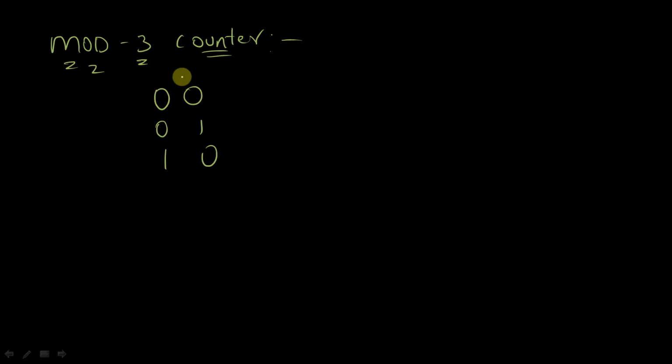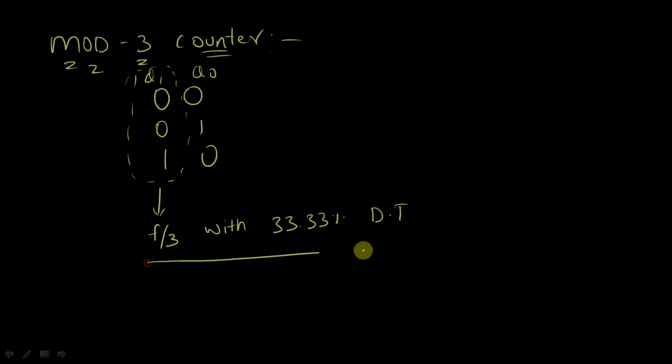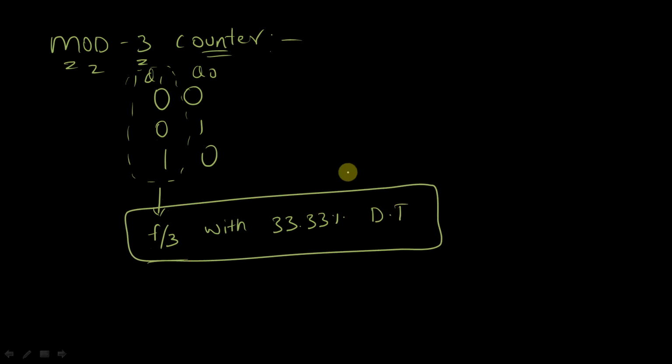So this is your mod 3 counter output. Let's say this is Q1 and this is Q0. We are going to consider only the Q1 output. Then we will get a frequency divided by 3 circuit with 33.33 percent duty cycle.